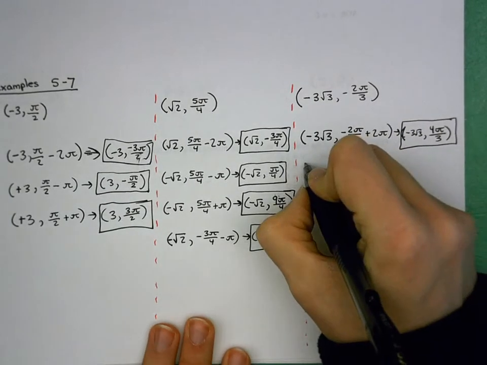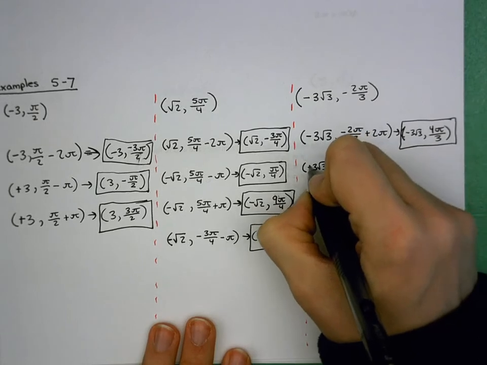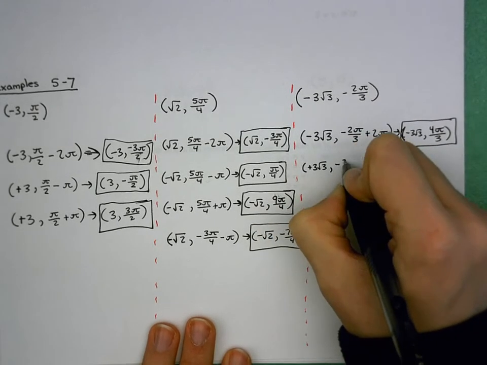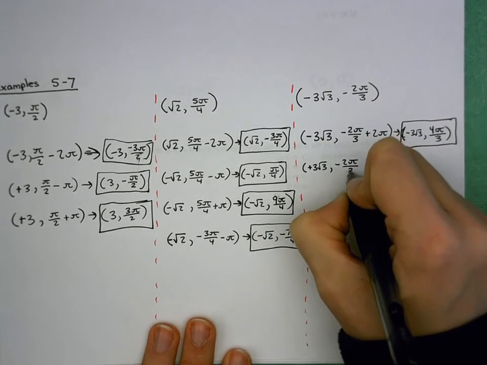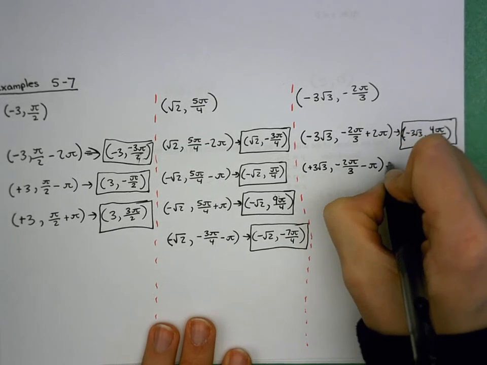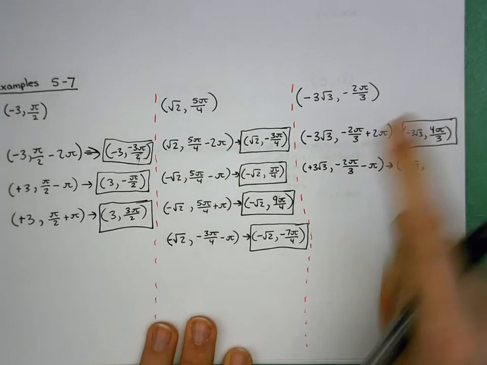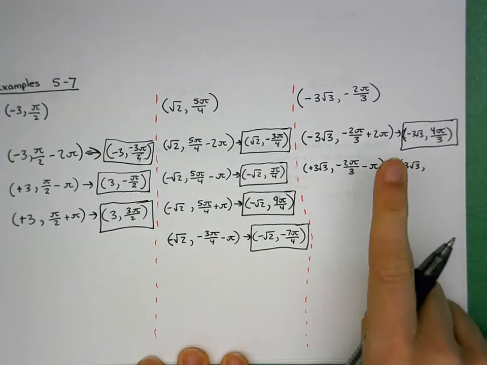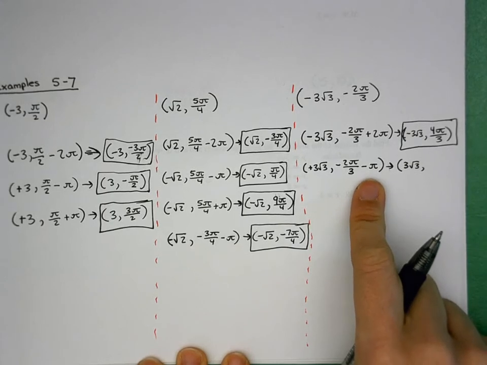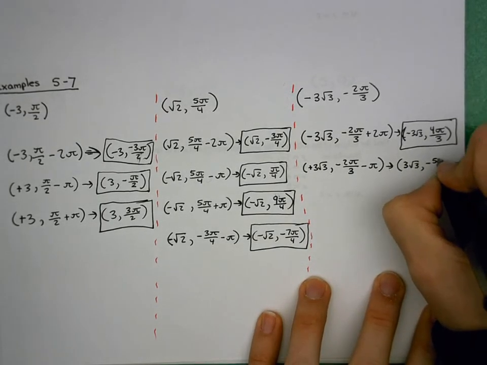Okay, next up, original r times a negative, and then our theta minus pi. So this would be a positive 3 root 3, and then negative 2 pi over 3 minus 3 pi over 3 is negative 5 pi over 3.